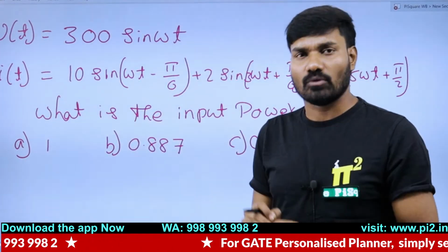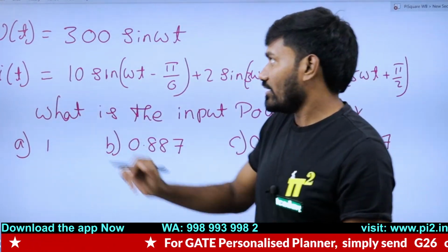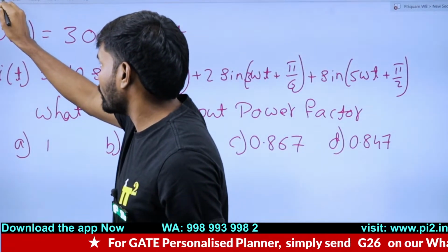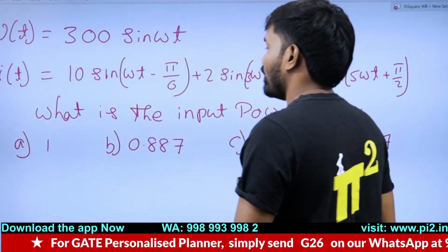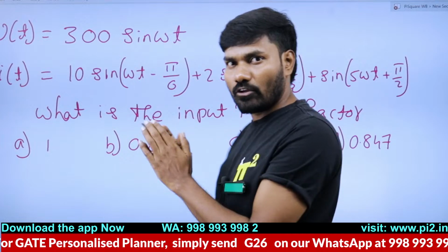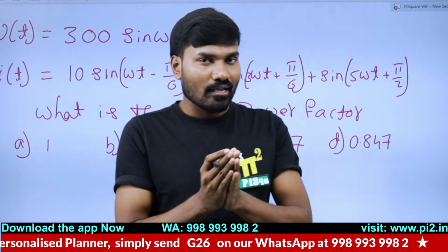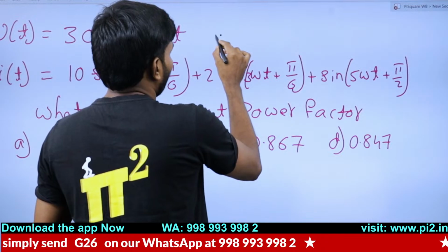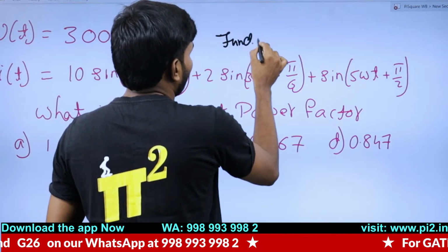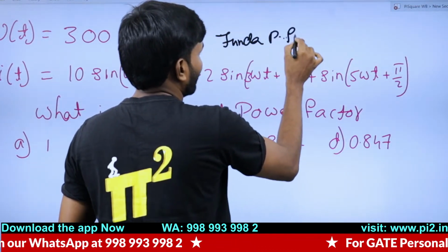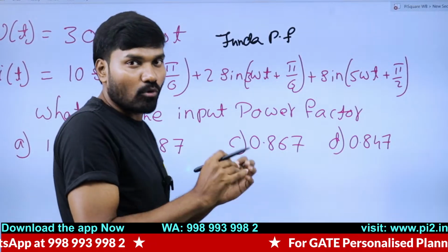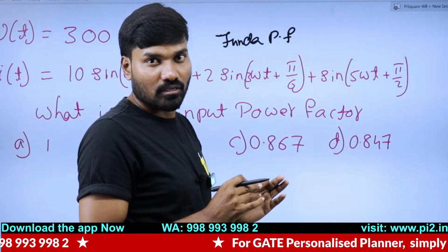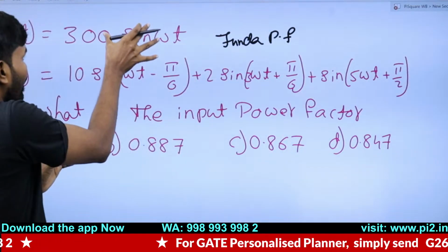Since it is a multiple choice question, it is very easy to answer. Let's see how. For the input power factor calculation, if you want to find the fundamental component of the power factor, then you have to take the fundamental quantities.